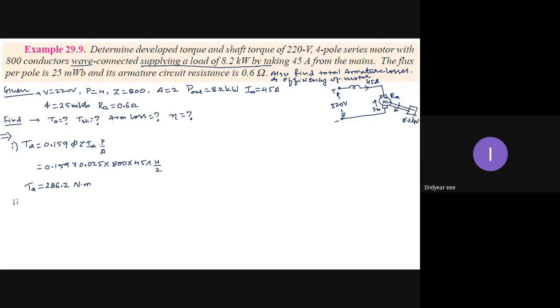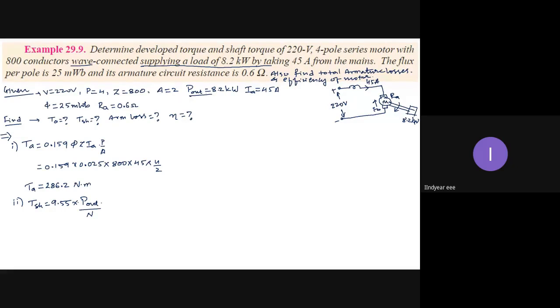Second point, whatever is asked, first write the equations for those quantities. You will get to know what things are to be calculated more to get the answer. So TSH is equal to, if I knew the losses, I would have deducted the losses from the armature torque and found TSH, but losses are not known, that I have to find out. So I can use the formula 9.55 into P out divided by N, because I know P out.